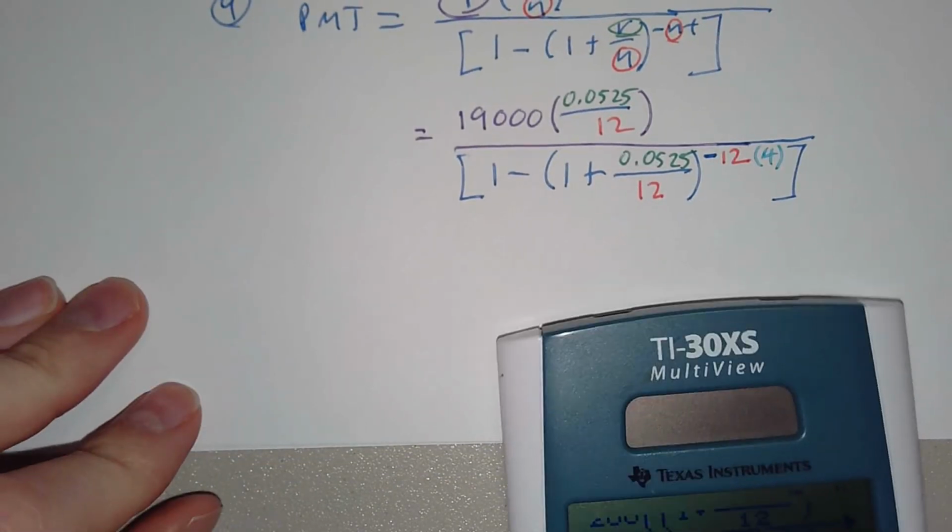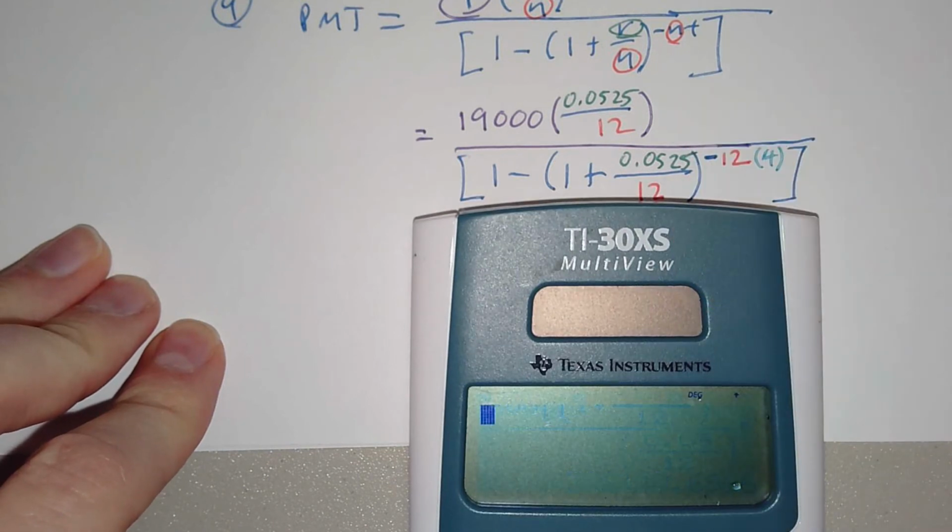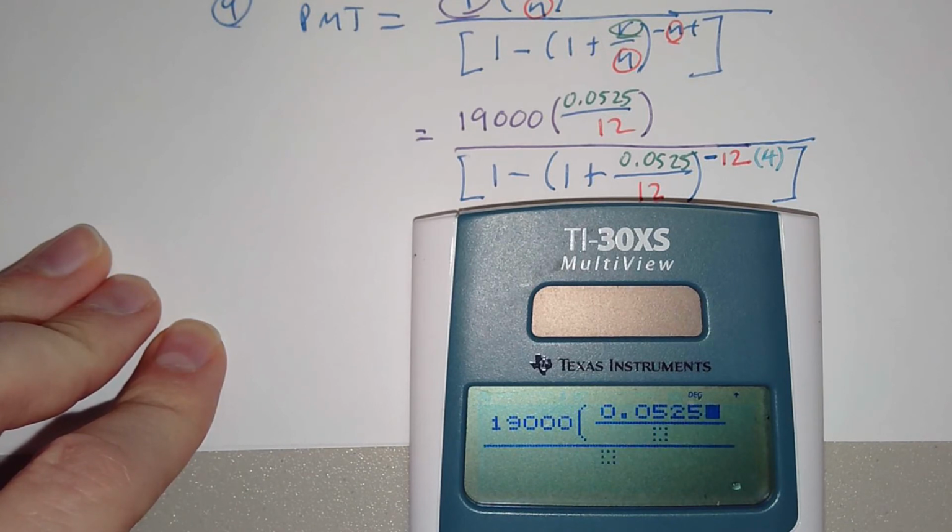So now we're going to go ahead and plug those into our calculator. Again, be patient. Take your time. So you're going to do your fraction key, 19,000, parentheses, fraction key, 0.0525 over 12, close the parentheses.